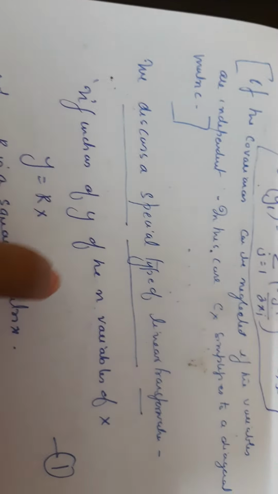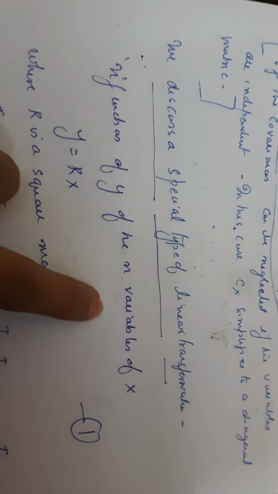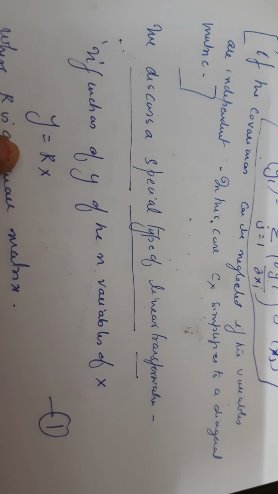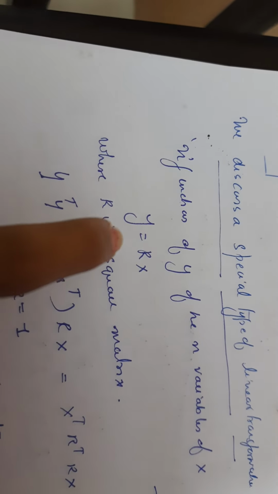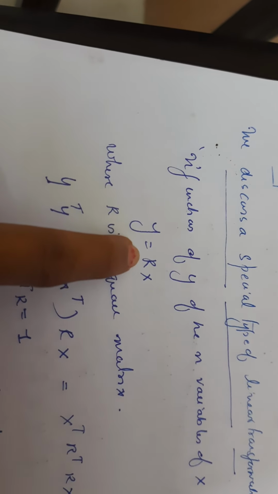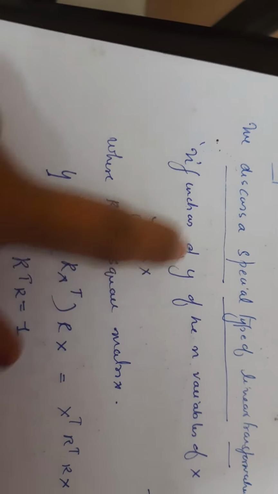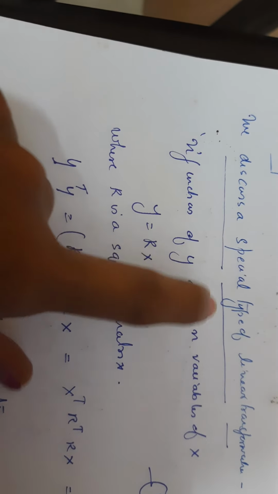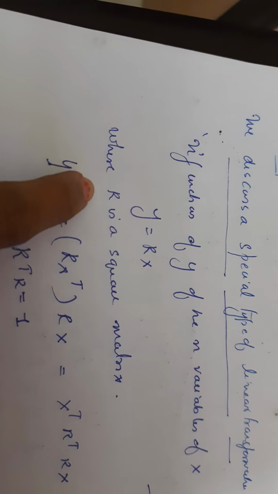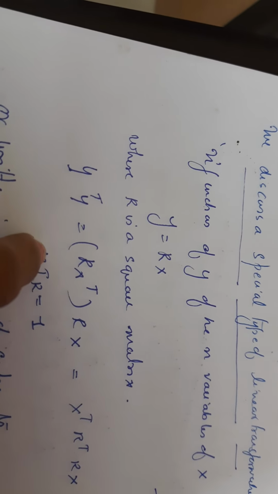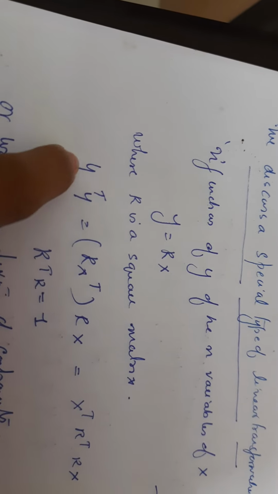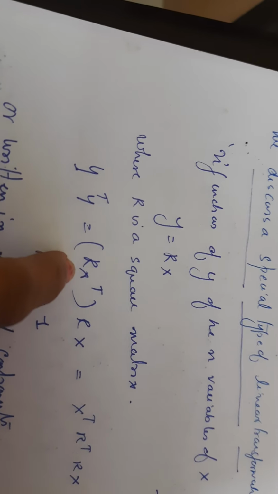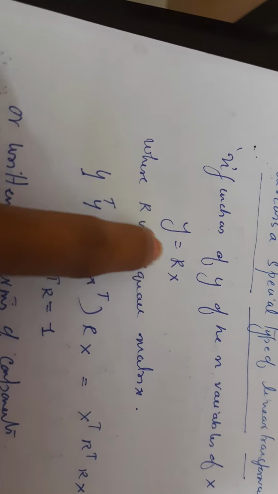So now we discuss a special type of linear transformation. This is nothing but what we have explained about the orthogonal matrix. Let's suppose that we have y is equal to Rx, so n functions of y and n variables of x, where R is a square matrix. Now if I multiply y with y transpose, y is equal to Rx, right?